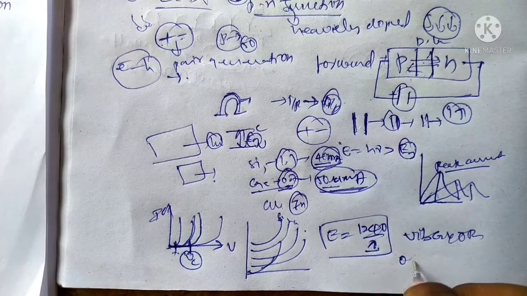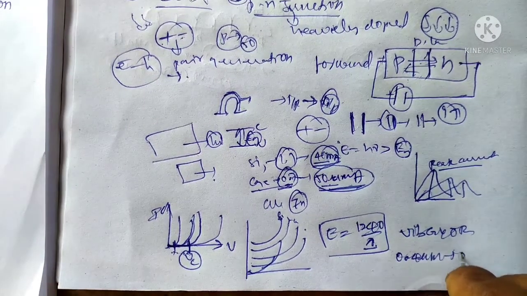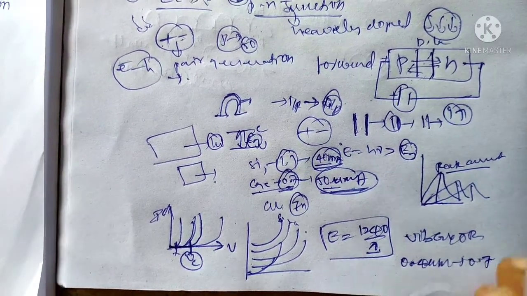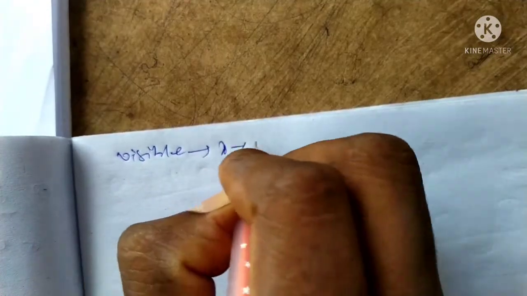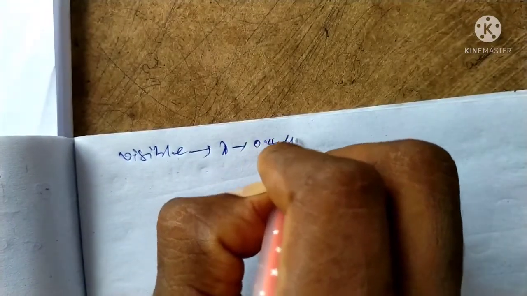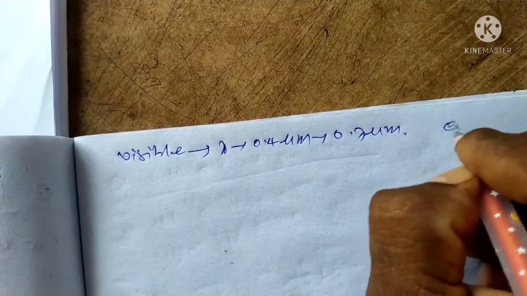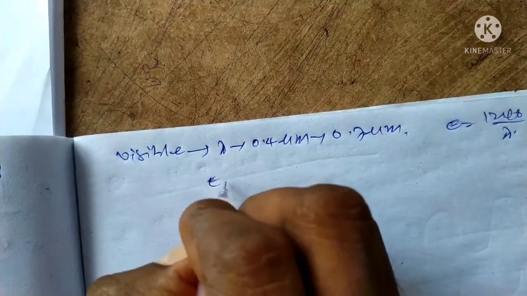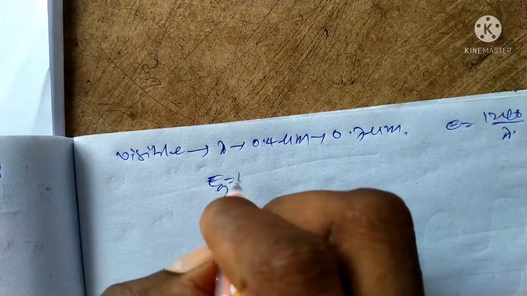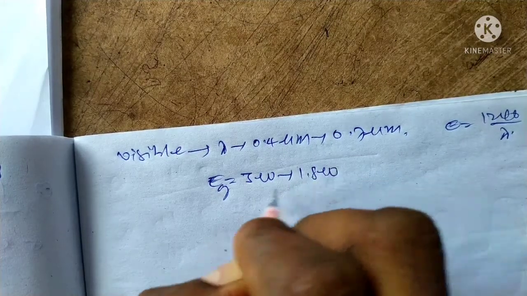The spectrum of the visible is 0.4 micrometers to 0.7 micrometers. This is the visible spectrum. Using E is equal to 1240 by lambda, we get the energy, that is the band gap, from 3 volts to 1.8 electron volts.